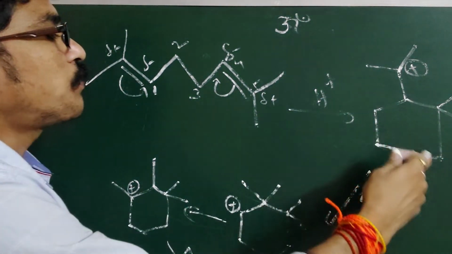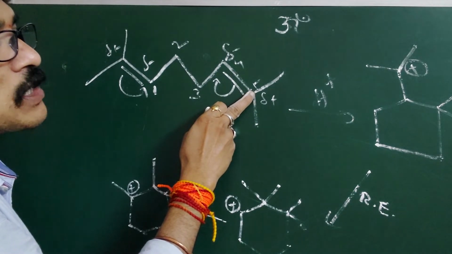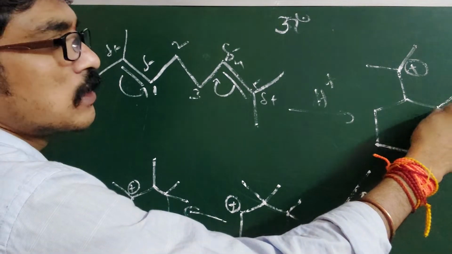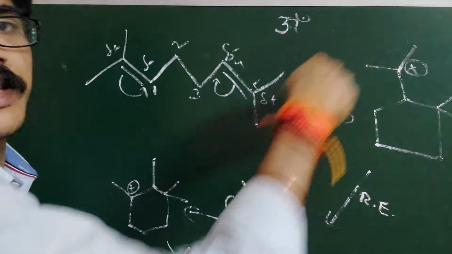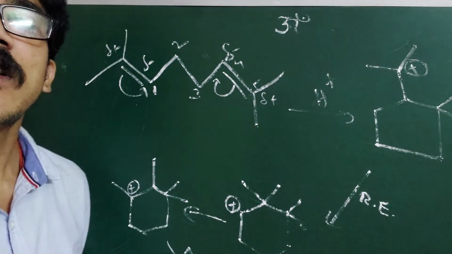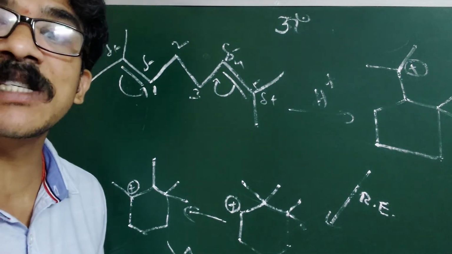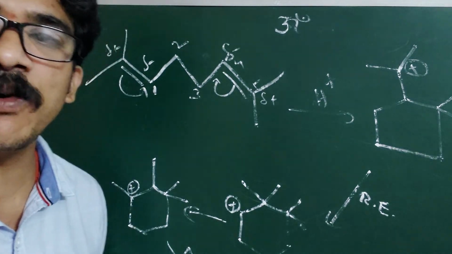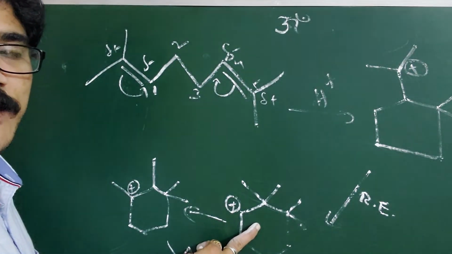The fifth carbon already contains 2 methyls, so the carbocation is stabilized. Later, ring expansion gives a 6-membered ring, and the 6-membered carbocation is more stable than the 5-membered one.